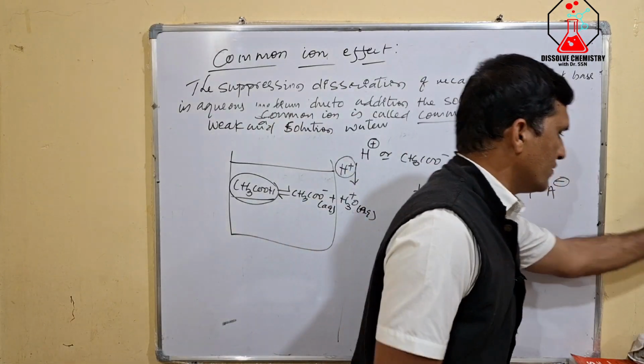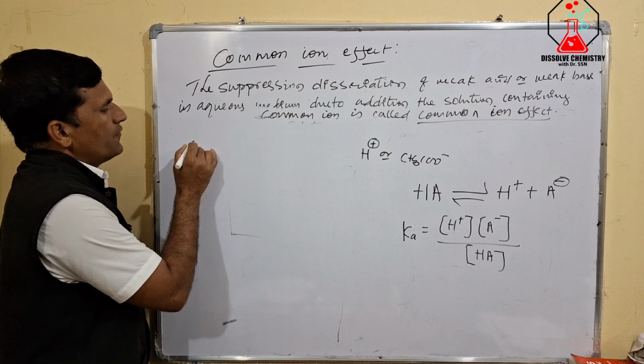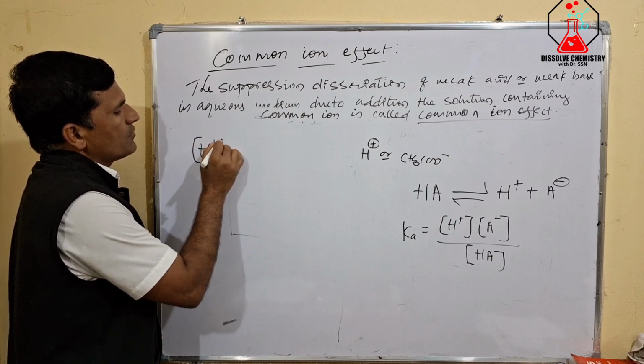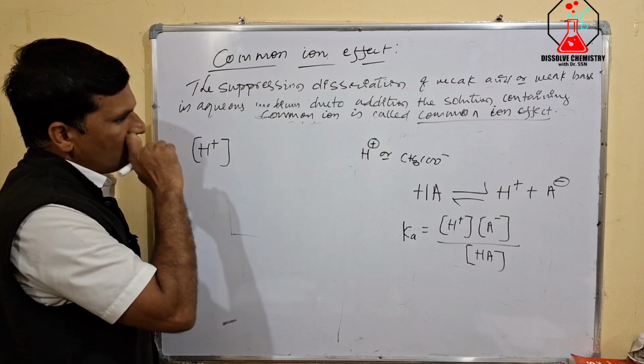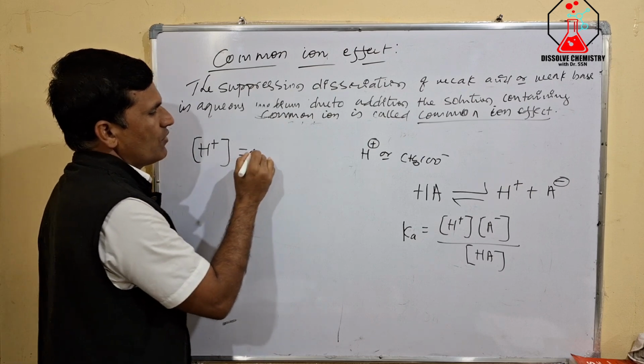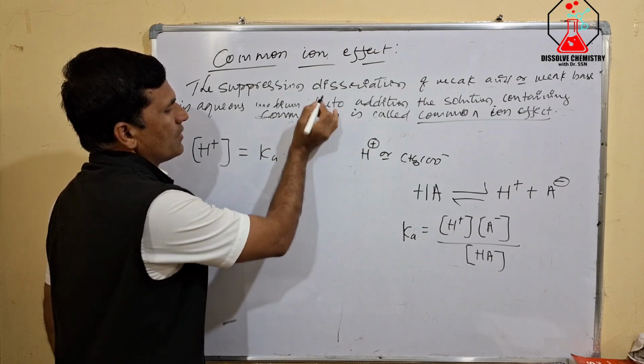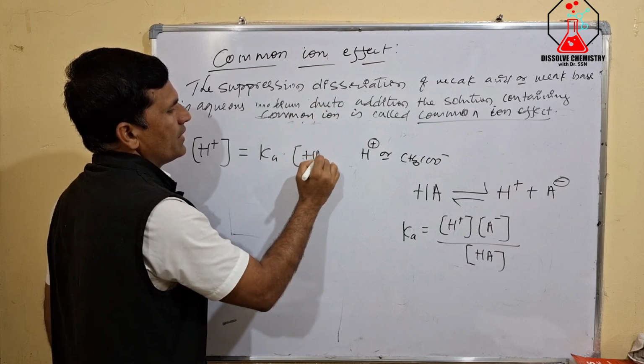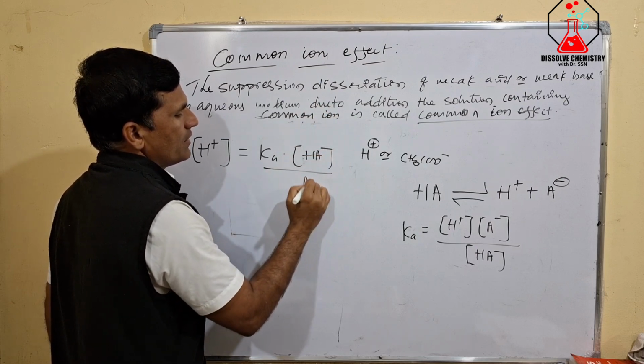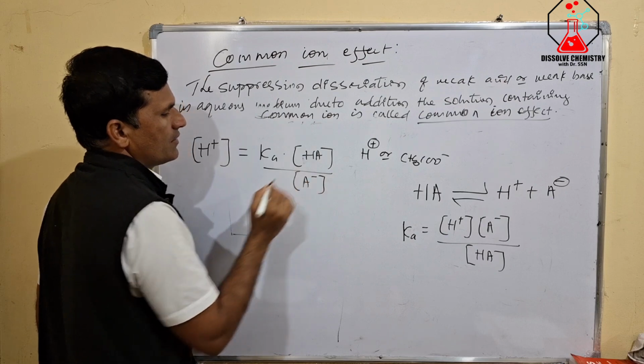If you want the H plus ion concentration of the solution, then you get Ka into HA divided by A minus.